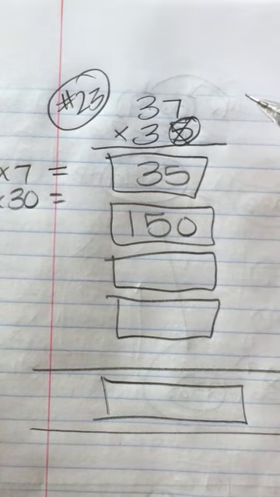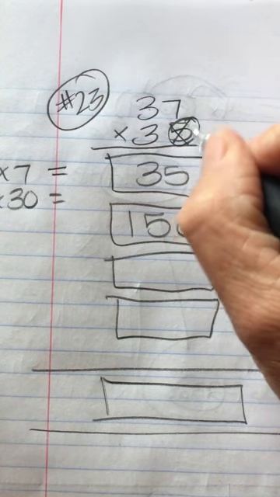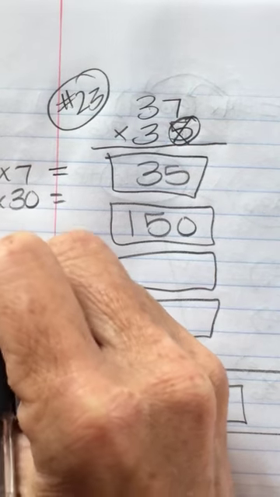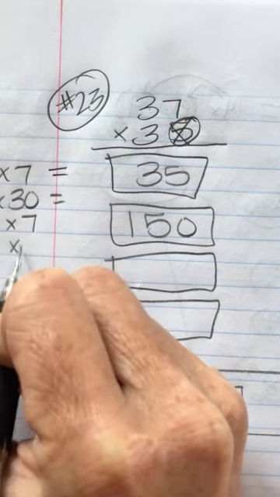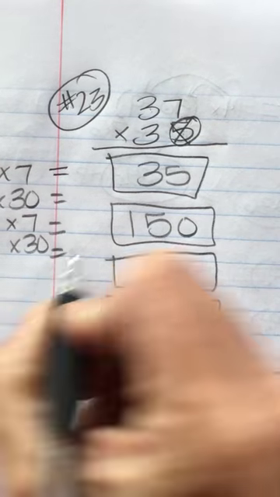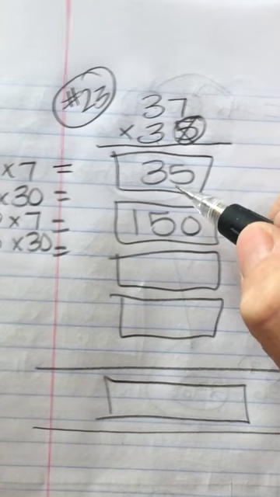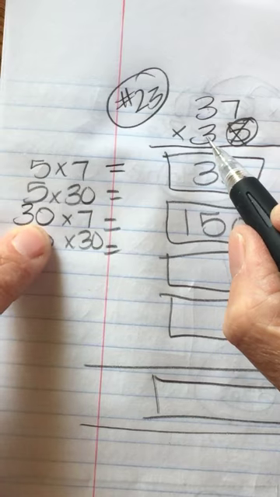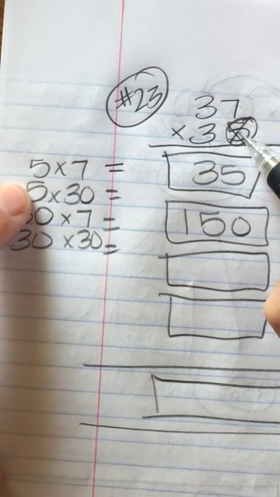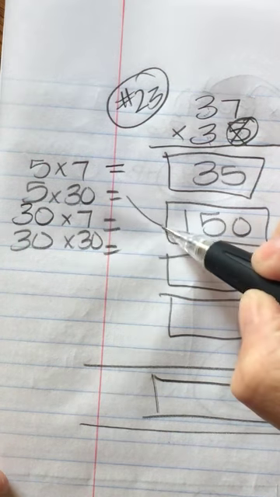I can make that a 0, because then it becomes 30 times 7 and then 30 times 30. 3 tens is the 30. Whoops, you can't see, sorry. 3 tens is 30. That's why it's 5 times 30, because it's 3 tens here, which is 150.